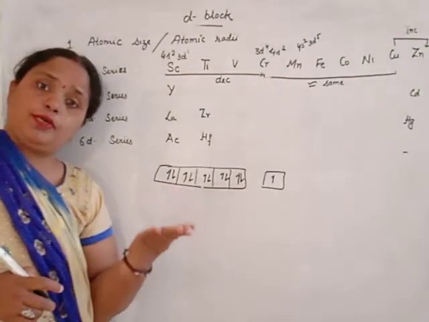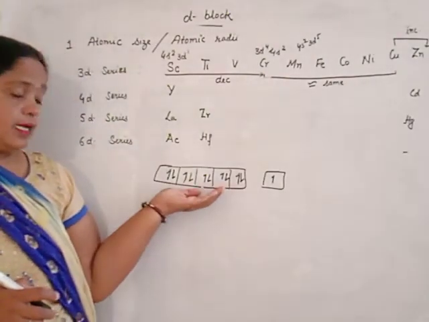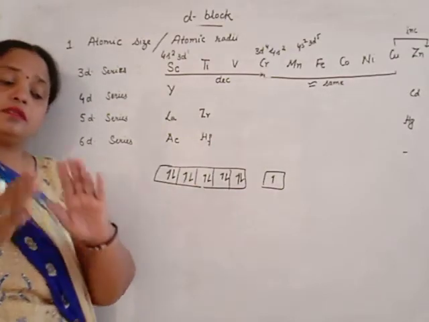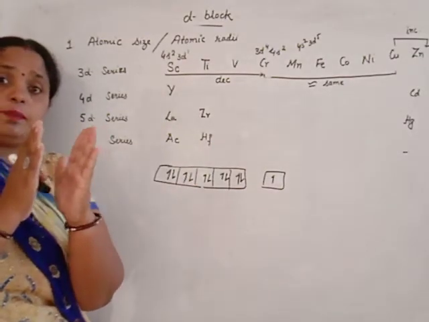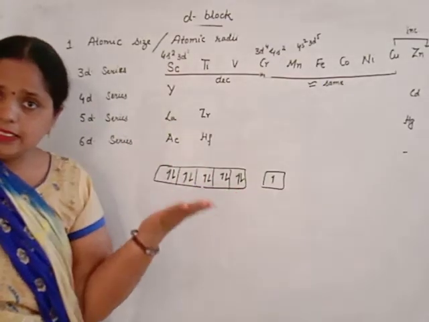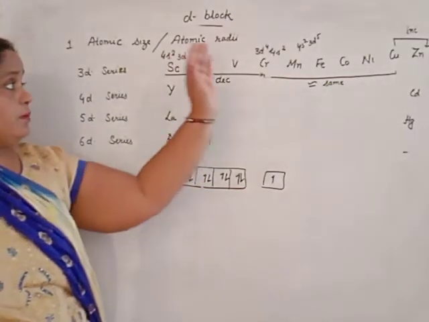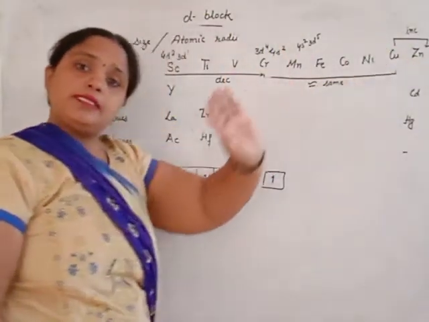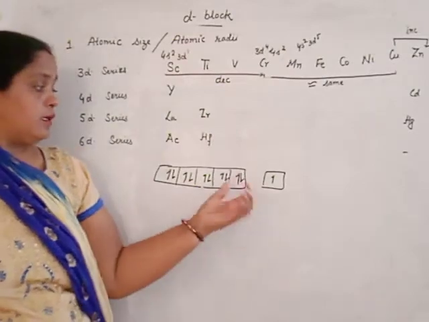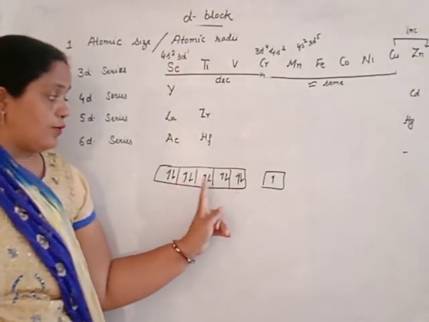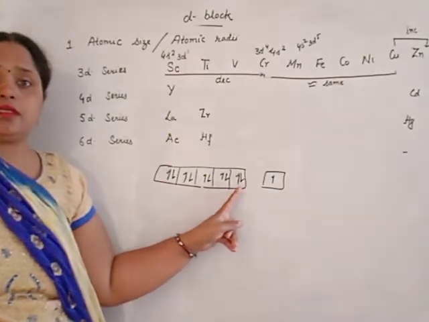As the number of electrons increases, due to pairing and similar charge, there is electron repulsion between them. As atomic number increases from chromium to copper, nuclear charge increases. With increasing nuclear charge, electron repulsion also increases.